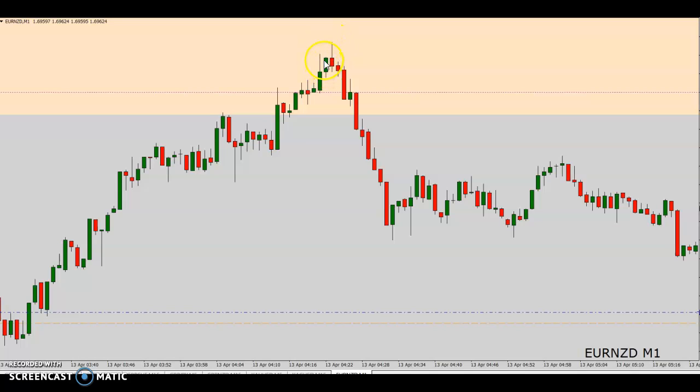And John talks about the evening star. So you have two candle patterns there that are saying price is thinking about taking a break. And so as price comes down to this 69.75 level, that's where I'm going to be thinking, this could go a lot farther. I'm going to take my profits.